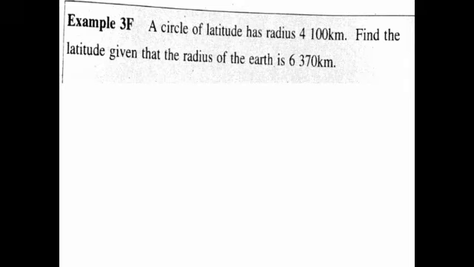Find the latitude given that the radius of the Earth is 6,370 kilometers. So we know that radius is equal to radius of Earth times cos x degrees, which is theta.